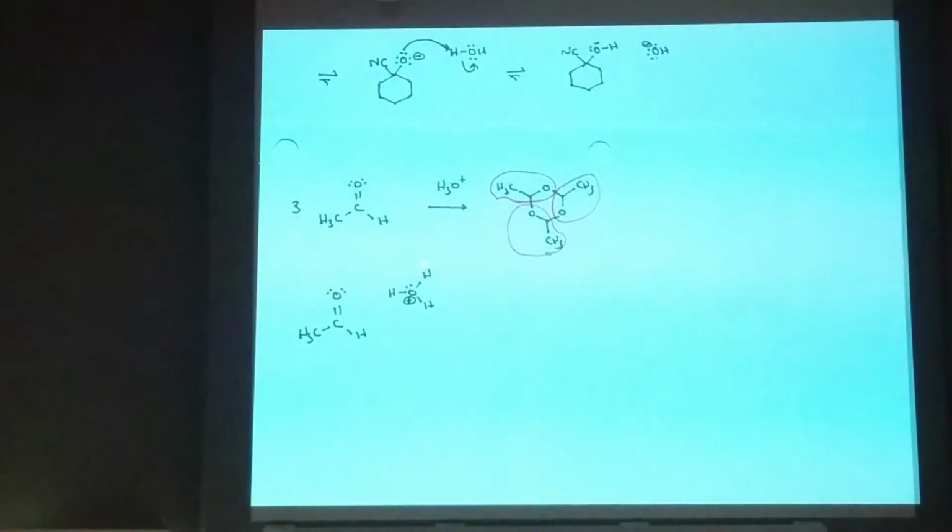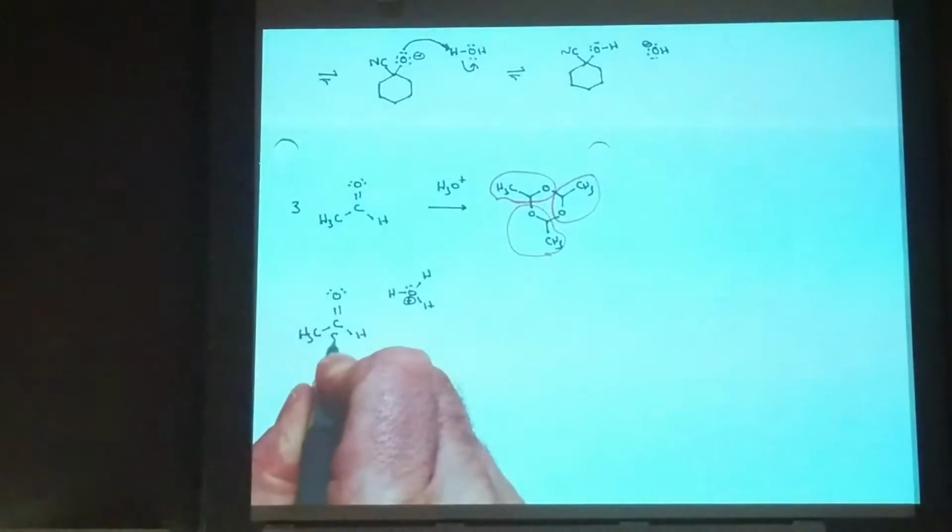Aqueous acid, hydronium, is certainly going to be serving as a proton donor. Is that cationic species going to be attracted to the electron deficient carbon of a carbonyl group?